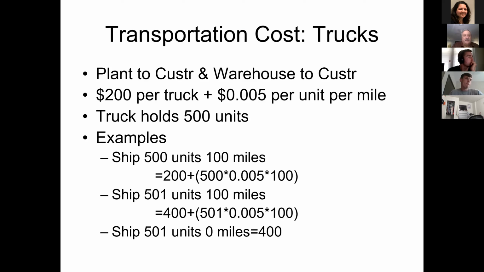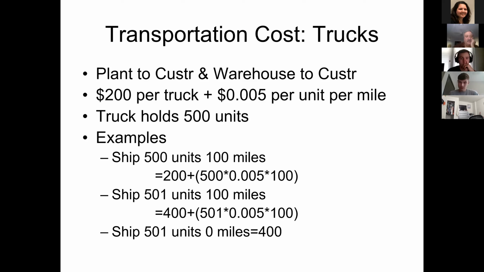All right, so to ship to a customer from a plant, it costs you a fixed cost of $200 per truck. And then for each unit that you put into that truck, and a truck can hold up to 500 units, it costs you $0.005 per unit per mile. Okay, so the further away you have to ship those units, the more it costs you in transportation.